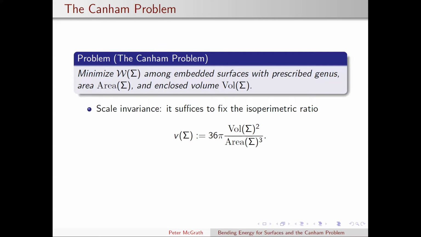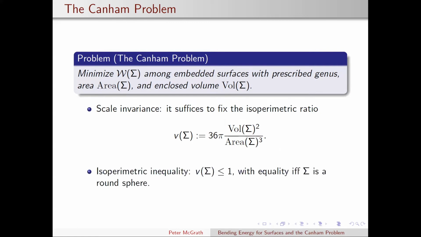Or even better, I can fix the scale invariant isoperimetric ratio, say. Here, if I have a surface sigma, the V of sigma is my isoperimetric ratio. So I take the volume cubed and area, volume squared over area cubed, so I get quantities in the same units, and then divide. And this will be my 1 constraint now.